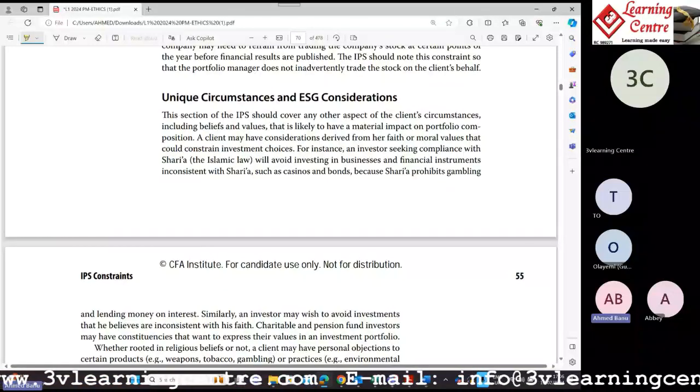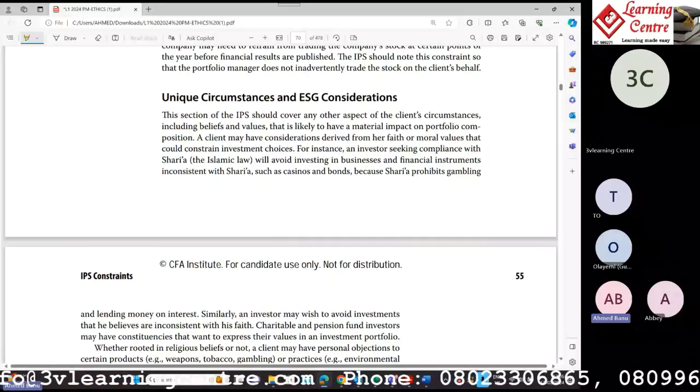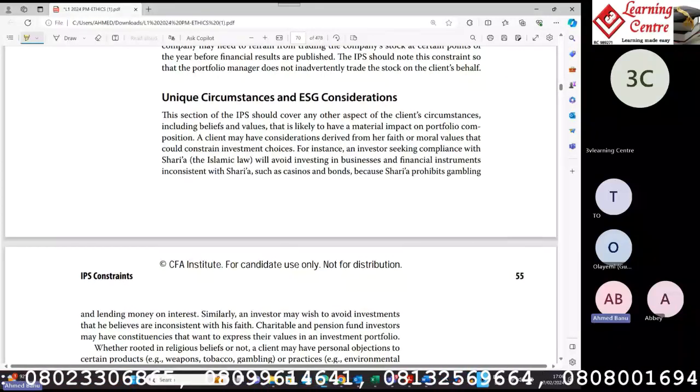Also, banks, because I don't like companies that deal in interest rates. So those are the things that we talk about in terms of special needs. Another instance I can give you is a guy can tell you that because he's the managing director in an oil and gas company, he wants to make investments that are not oil and gas companies.